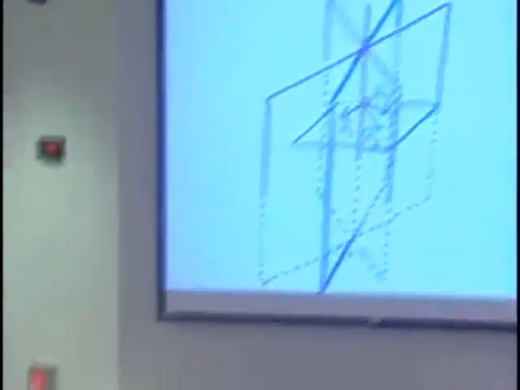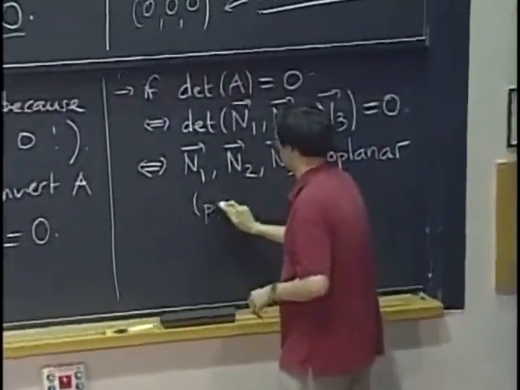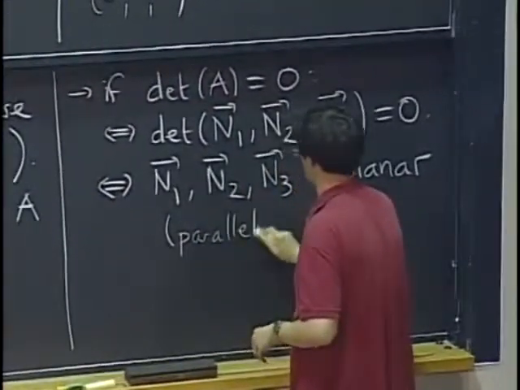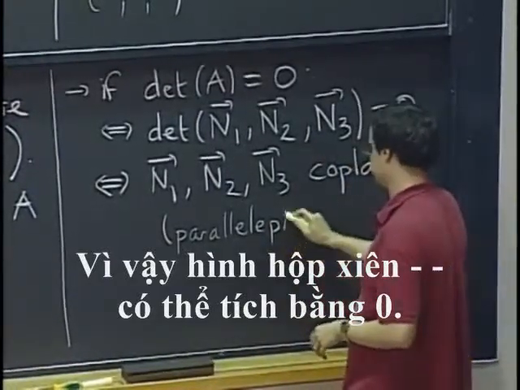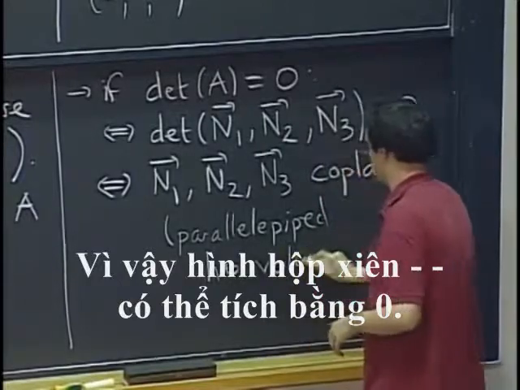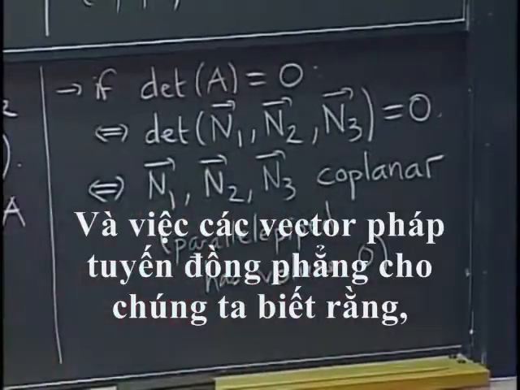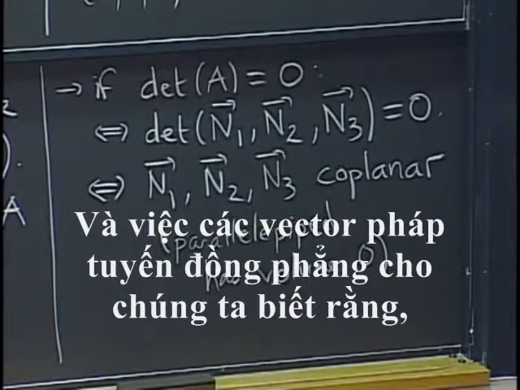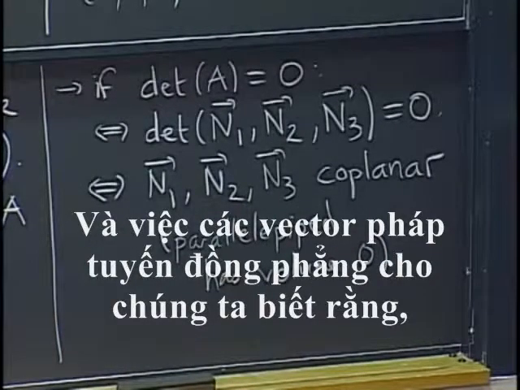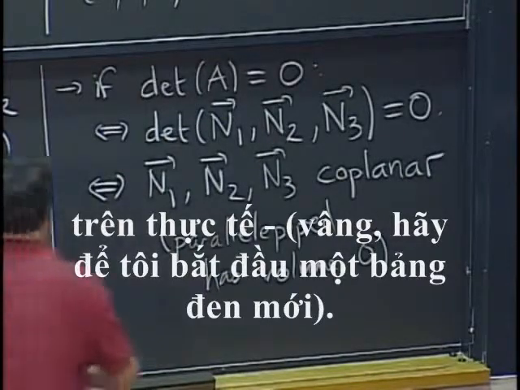So the parallelepiped has volume 0. And the fact that the normal vectors are coplanar tells us something.